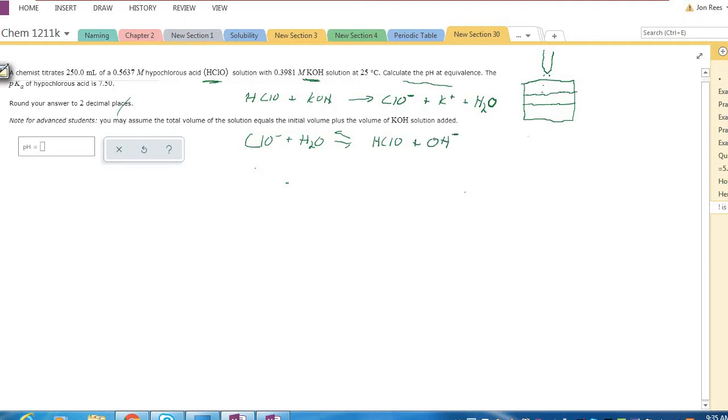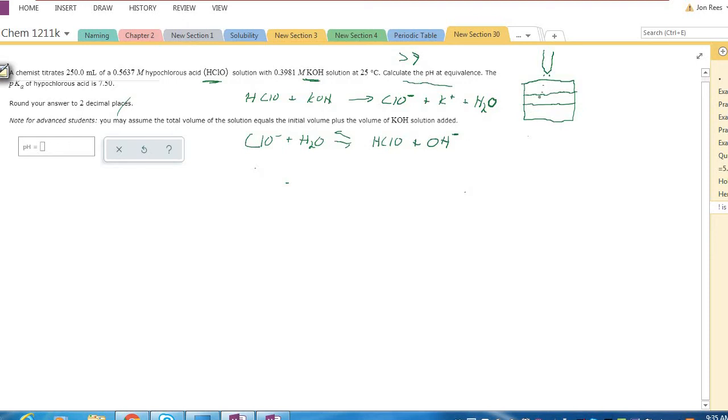Those hydroxide ions are basic, and they're going to raise the pH above 7. So at neutralization, because a conjugate base is being generated here, our pH is going to be greater than 7.